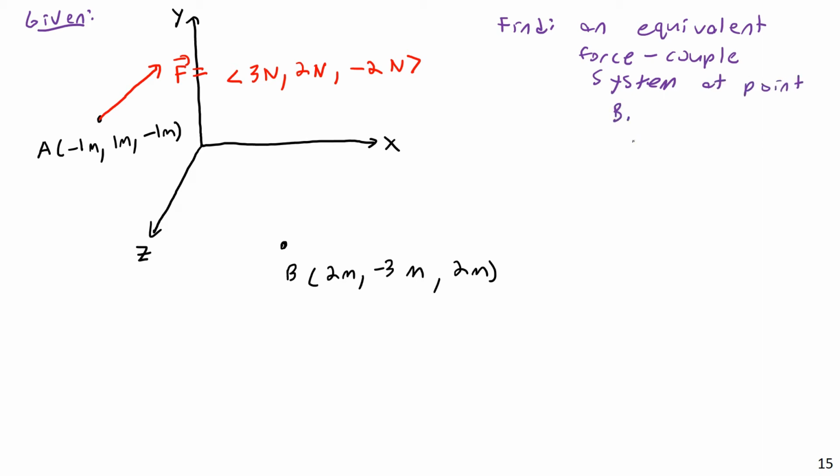As far as why you'd want to do this, there are many reasons. Where this might be particularly useful is if I had a whole series of forces, like a dozen different forces.